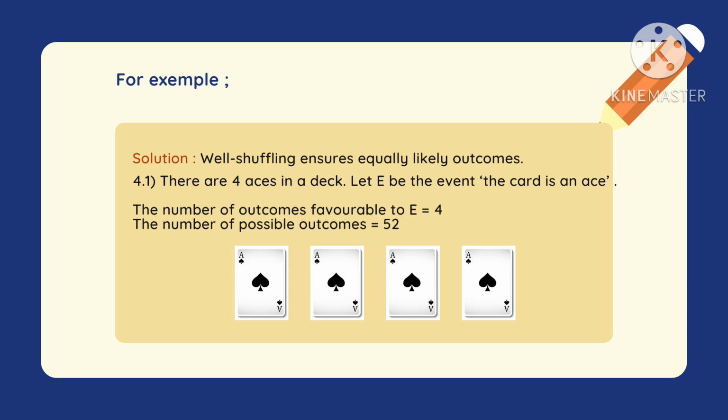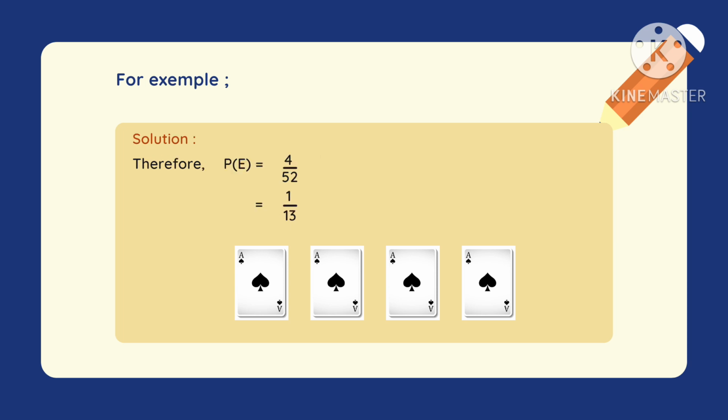Let E be the event: the card is an ace. The number of outcomes favorable to E is 4. The number of possible outcomes is 52. Therefore, the probability of E is 4/52. We can convert it to the simplest form. So the answer to this example is 1/13.